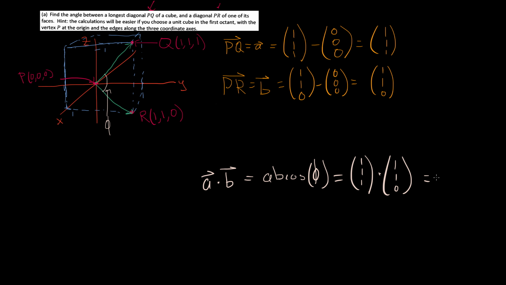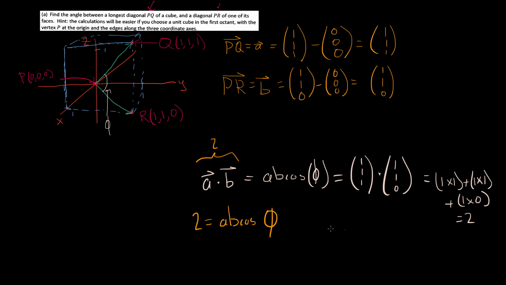So it's going to be 1 times 1, plus 1 times 1, plus 1 times 0. And this is getting us 2. So now we know this is 2. It's clear. And so now we can say that 2 equals |A||B| cosine phi.